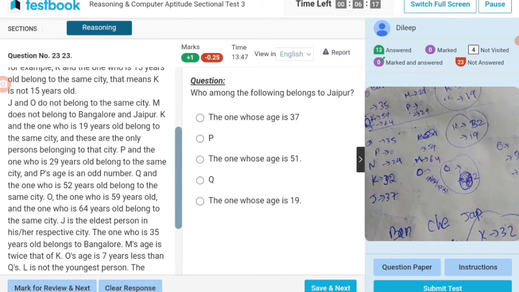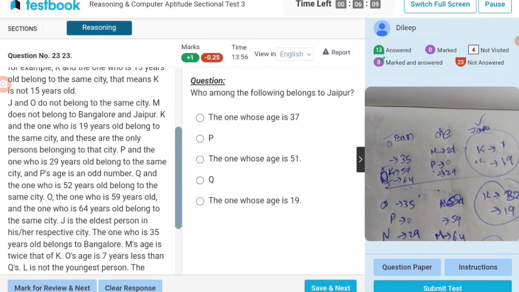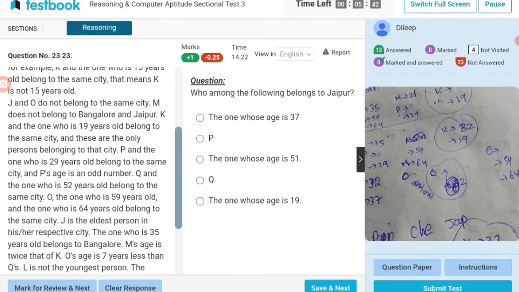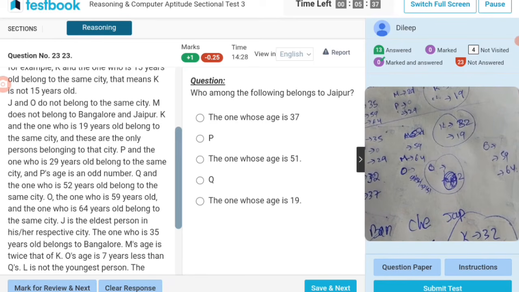So J, eldest person, his or her respective city. Okay. And the one who is 35 is Bangalore. M is twice of K.